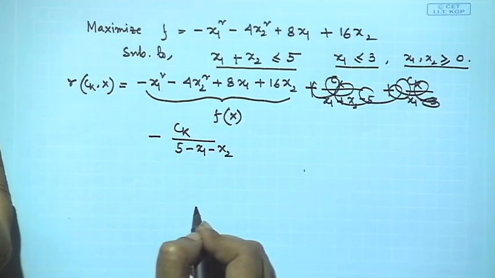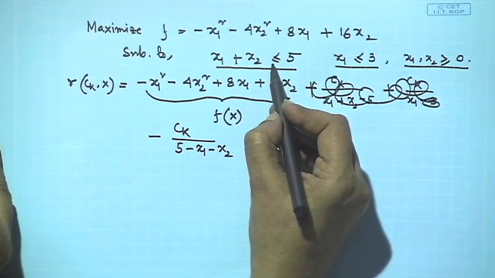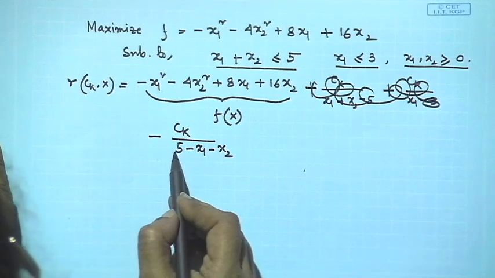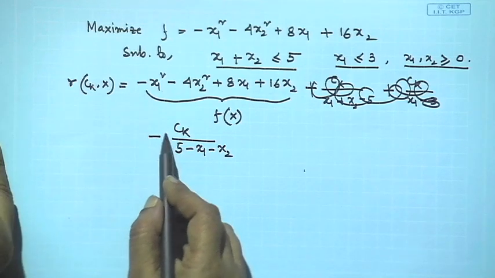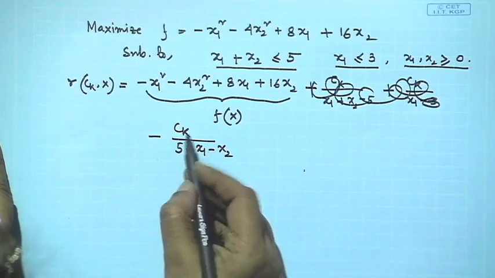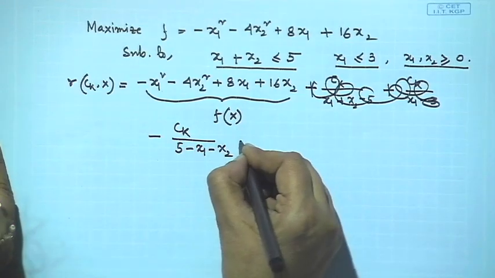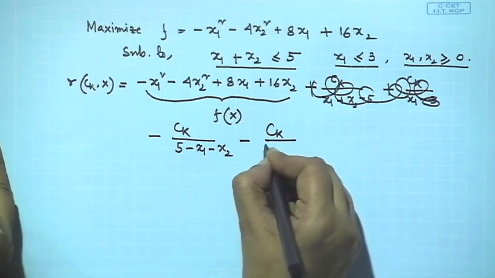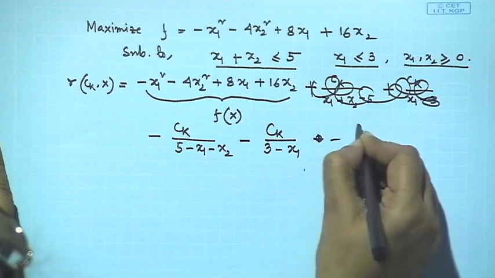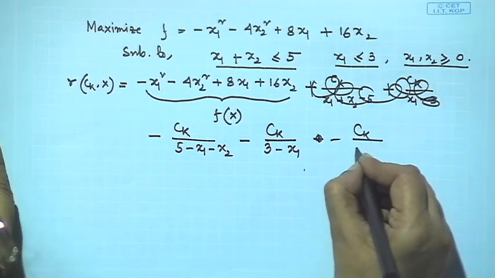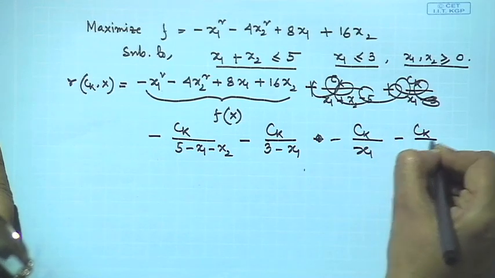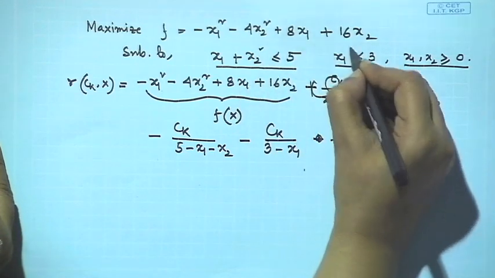All right. If you want to keep it as less than or equal to type, then you have to take the barrier function as a positive value, plus ck divided by that one. Otherwise, you have to take it this way, minus ck divided by 3 minus x1, minus ck divided by x1, minus ck divided by x2, from 4 constraints.